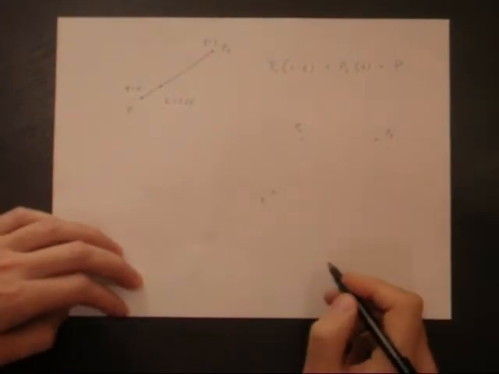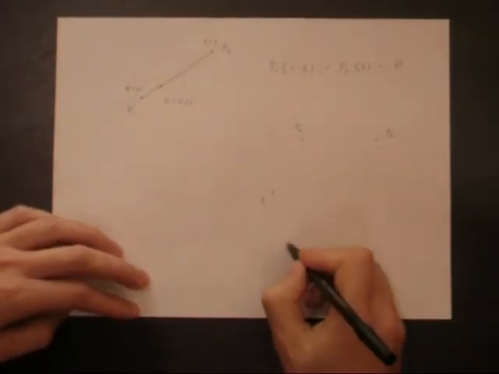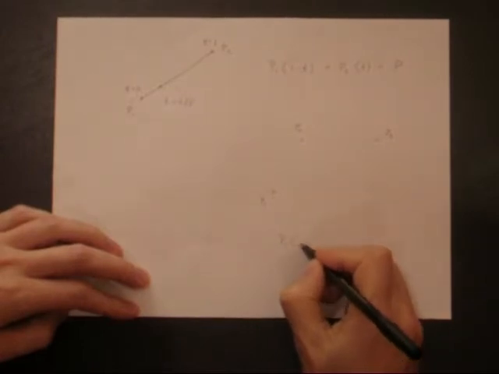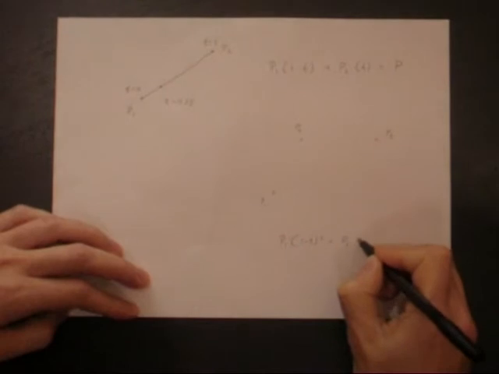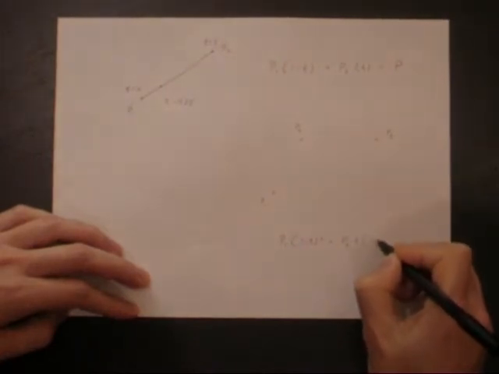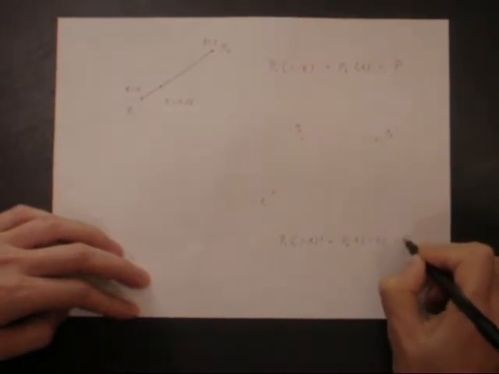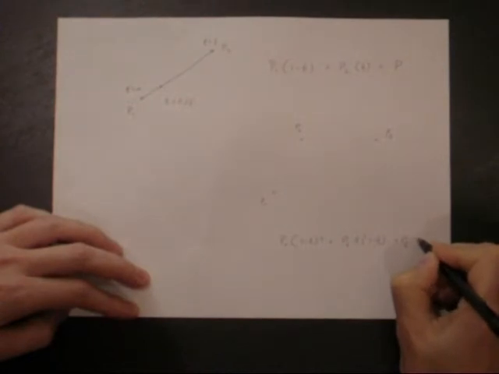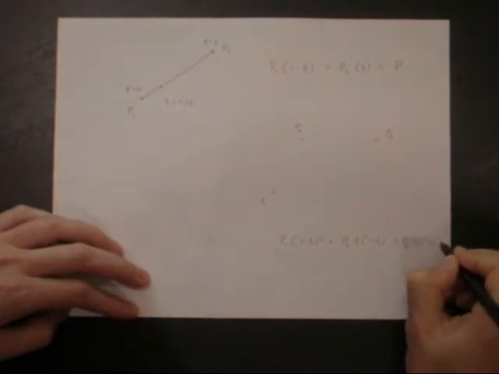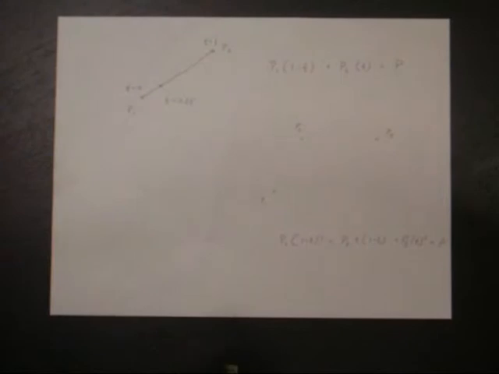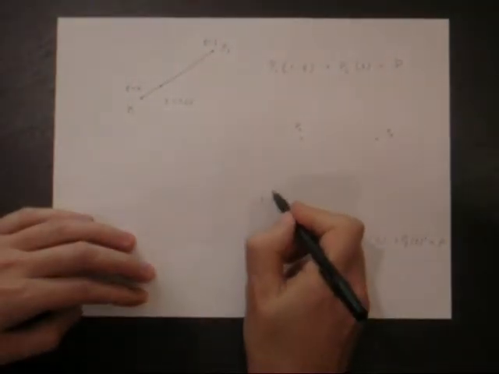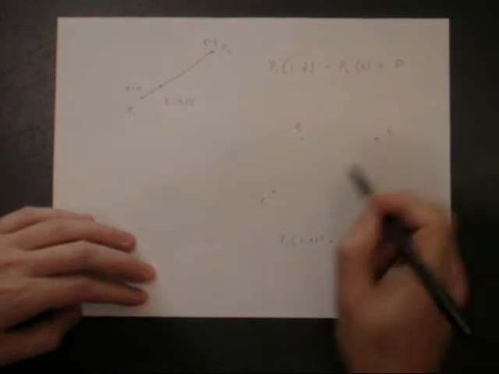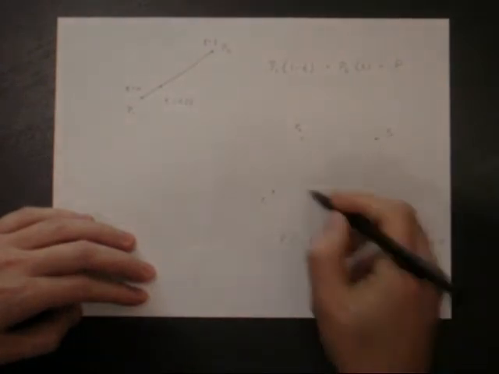Now the equation for the interpolation is P1 times 1 minus t squared plus P2 times t times 1 minus t plus P3 times t squared. That gives you your final point. And if you plot this out, what will happen is the curve will start at P1 and it will end at P3. It will approach P2, but it won't touch it.